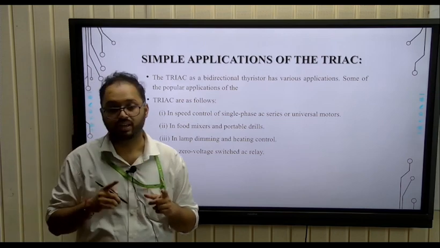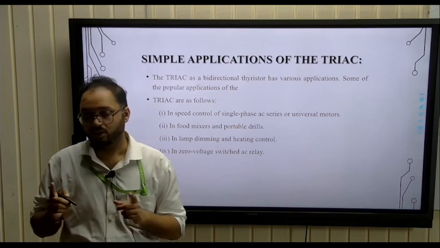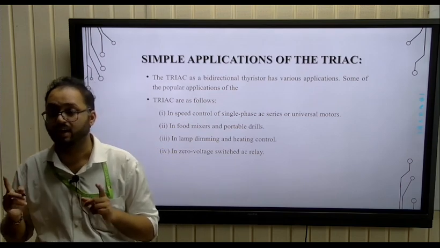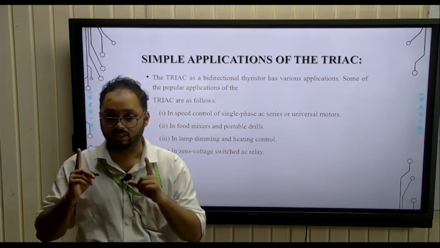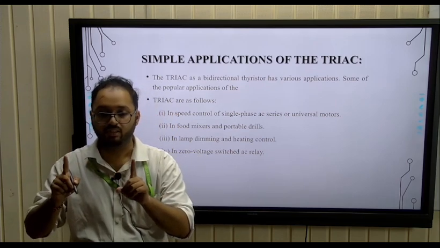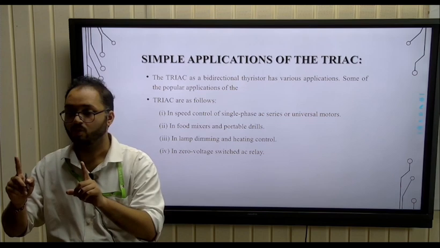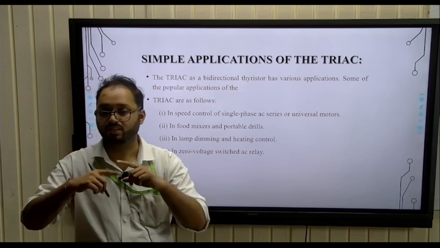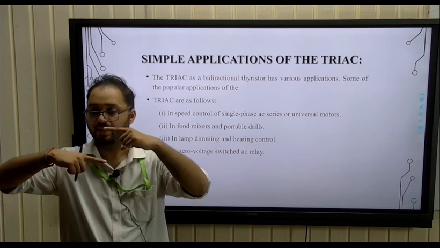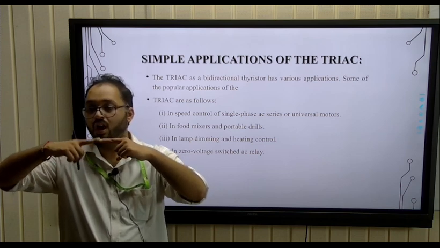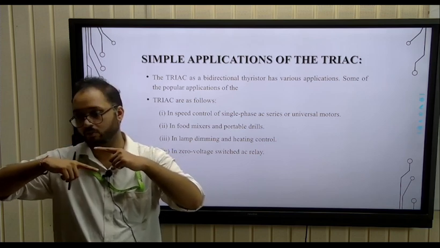Whenever we are disconnecting circuit breakers or any circuit that is using a high voltage, we check that only when a zero voltage comes do we disconnect it. Otherwise, if there is very high potential and you disconnect it, there is going to be a very high spark or an arc formed.